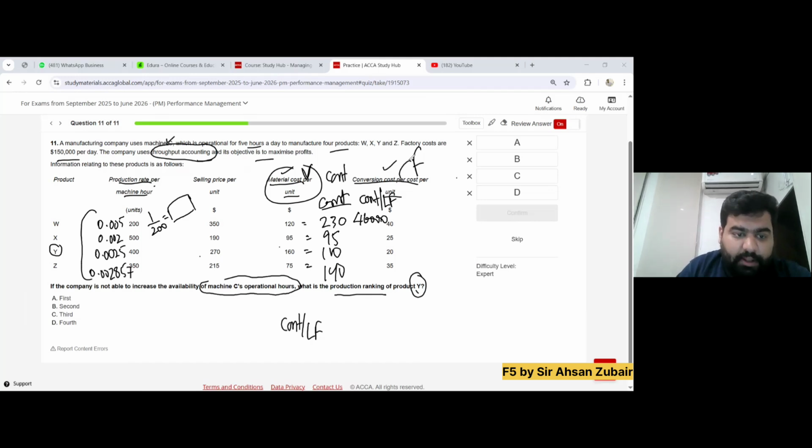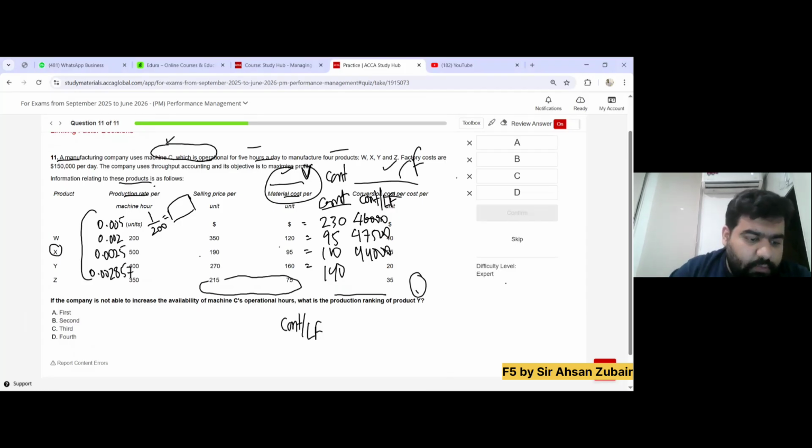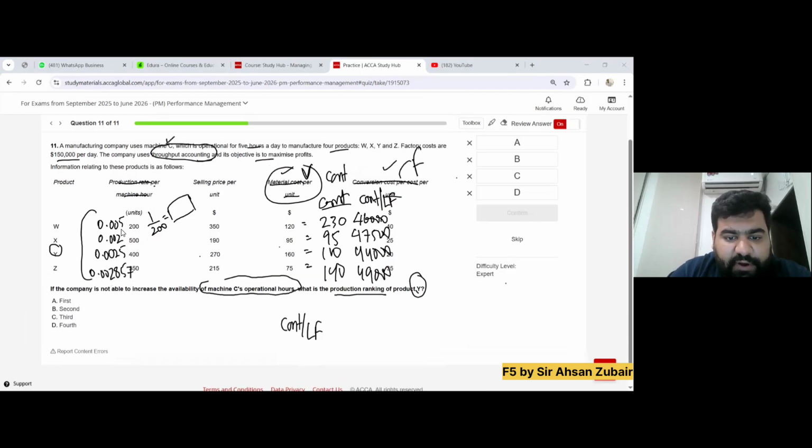Next, 95 divided by 0.002 gives 47,500. Then 110 divided by 0.0025 gives 44,000. And 140 divided by 0.002857 gives almost 49,000 contribution per limiting factor for product Z.